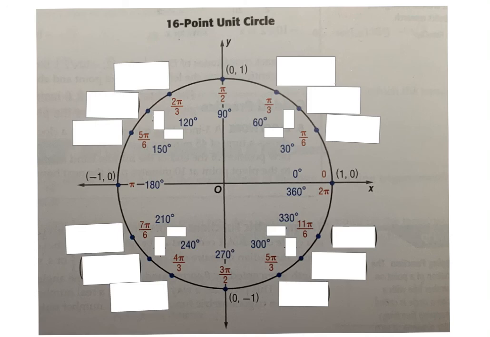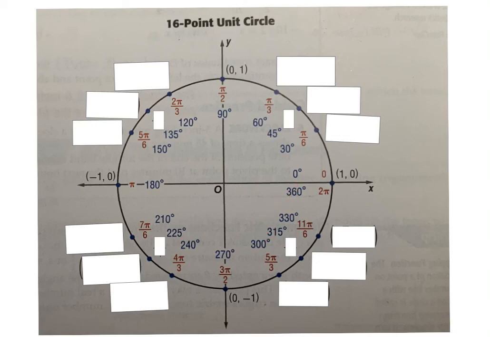Okay? Quickly, 45 degrees. 45, 90, 135, 225, 270, 315. You're going by 45s. So the next group in the center goes by 45s. 45, 90, 135, 180, 225, 270, 315, 360.